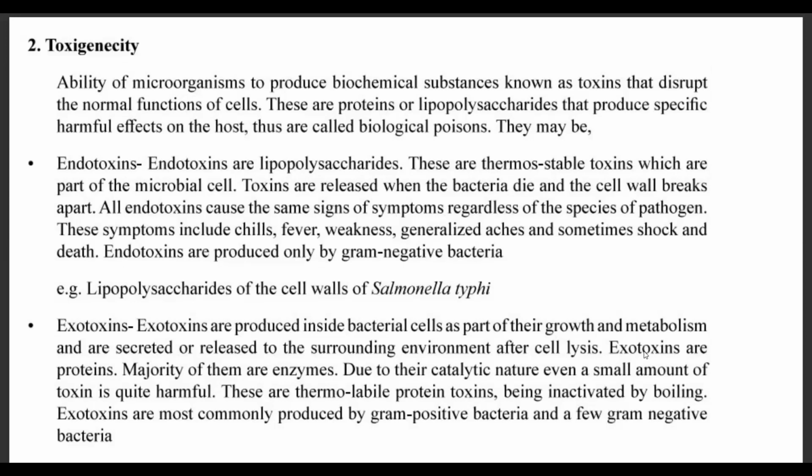Exotoxins are proteins. The majority of them are enzymes due to their catalytic nature. Even a small amount of toxin is quite harmful. These are thermolabile protein toxins, being inactivated by boiling. Exotoxins are most commonly produced by gram-positive bacteria and few gram-negative bacteria, right?